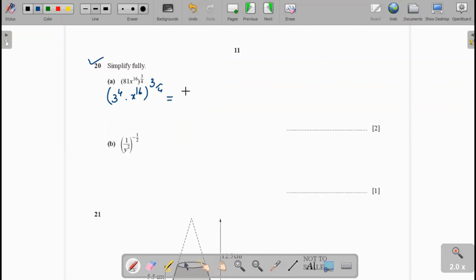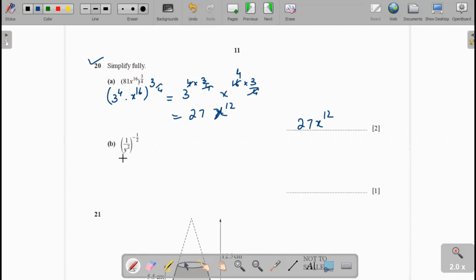Now we open the bracket, therefore 3 power 4 multiplied by 3 over 4 and x power 16 multiplied by 3 over 4. You see here that 3 power 3 is 27 and 16 times 3 over 4 gives x power 12. And this is the answer, 27 x power 12.